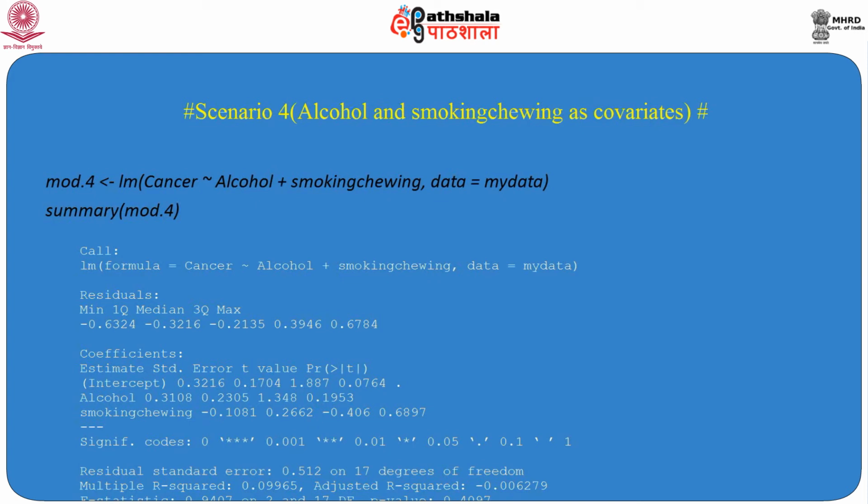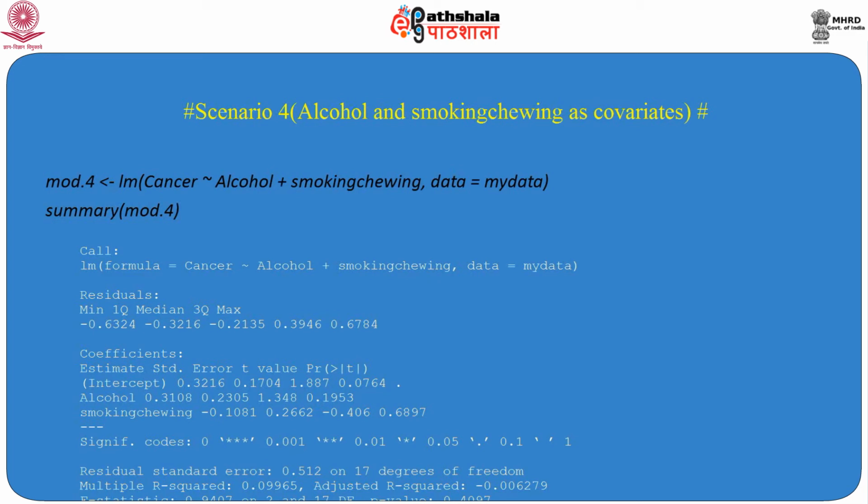We can't say that, but here the tendency shows that the majority who are smokers and chewers have less cancer in comparison to others. Since the data set is small, this kind of result may happen, but when we increase our sample size, this kind of odd scenario may be avoided.